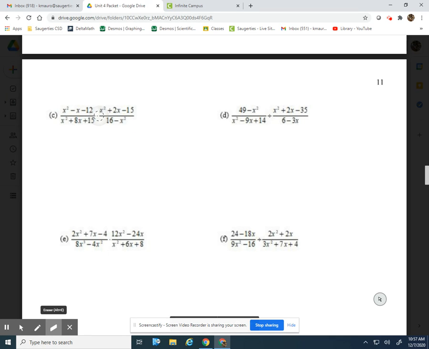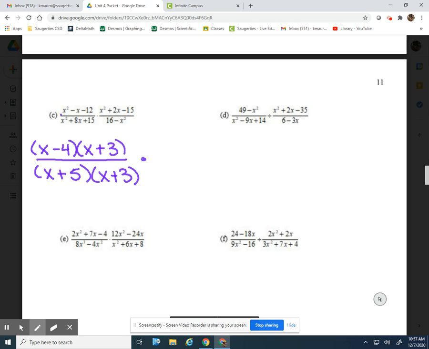Now this is a multiply problem, so I don't have to do keep, change, flip. I can just go right to factoring. First one's a trinomial, multiply to -12, add to -4. X minus 4 times x plus 3. Second one's a trinomial, multiply to 15, add to 8.